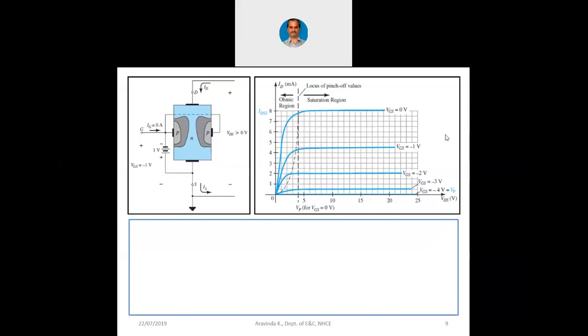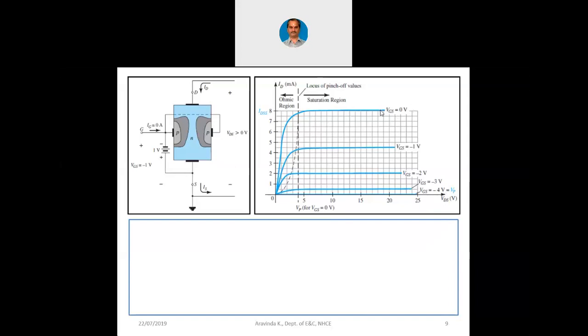So I will repeat this explanation once again. Pinch off voltage is the voltage at which current becomes constant for a zero gate bias. But the current becomes constant even when current is zero also, and at that time also pinch off occurs when the gate to source voltage is reaching the pinch off value itself, but in the negative direction. See, here VP is 4 volts, but here VGS is minus 4 volts.